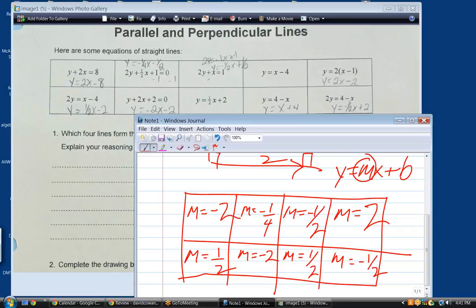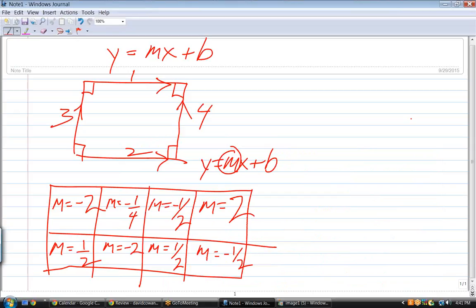So, which 4 of those lines equals a rectangle? There's 2 negative 1/2s and then 2 negative. There's 2 1/2s and 2 negative 2s. Okay. Well, I can't have 2 negative 2s.